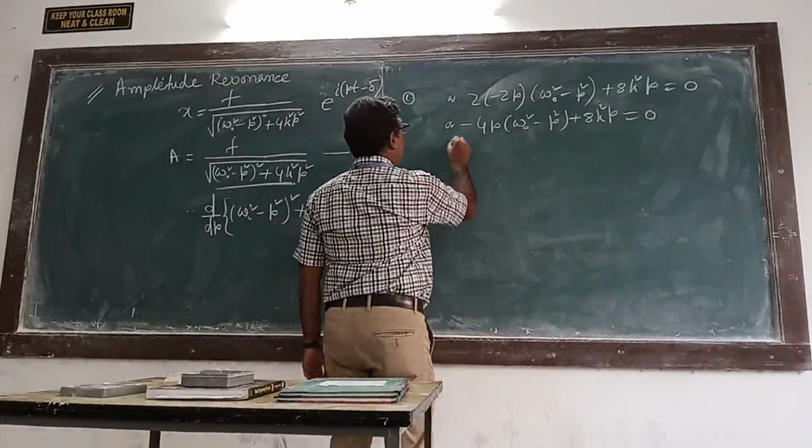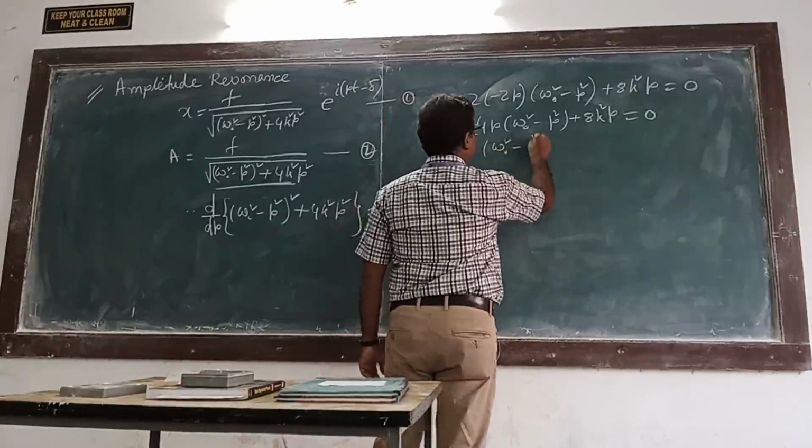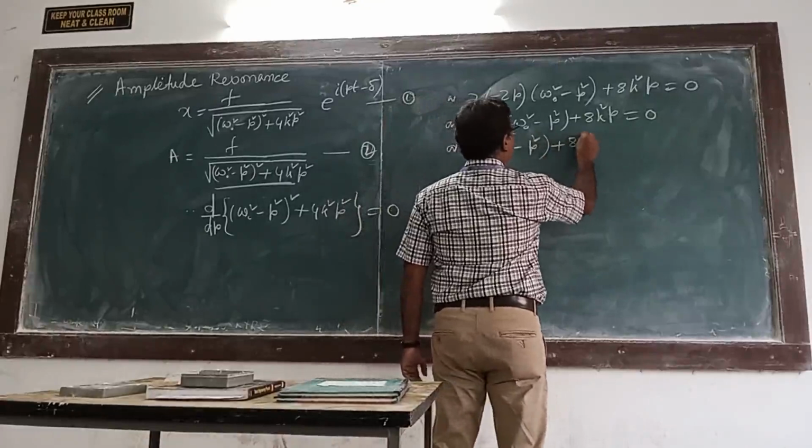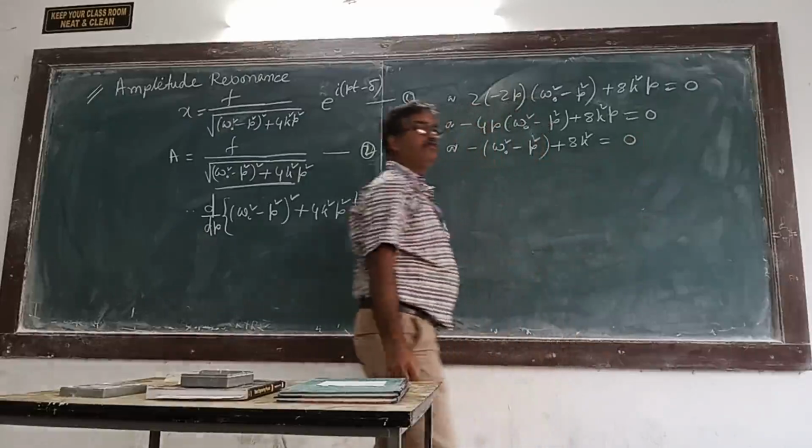Or, divided by 4p, minus (omega 0 square minus p square) plus 8 k square equals 0.